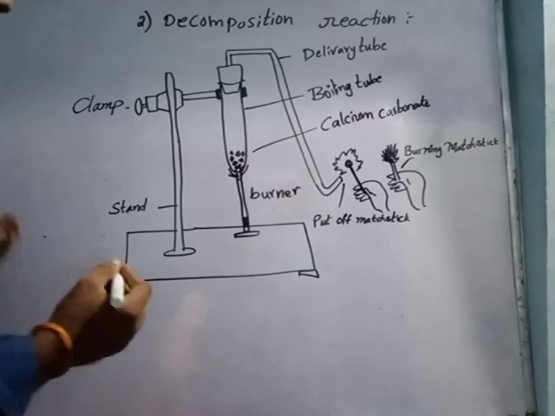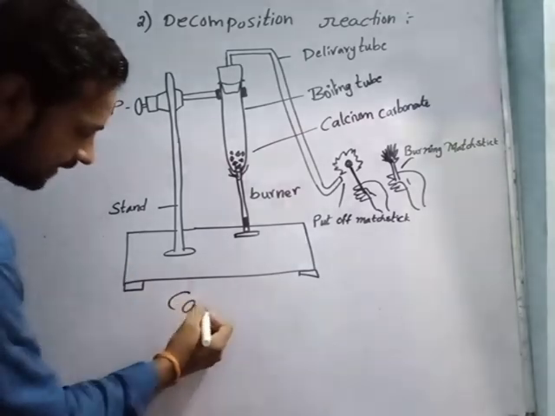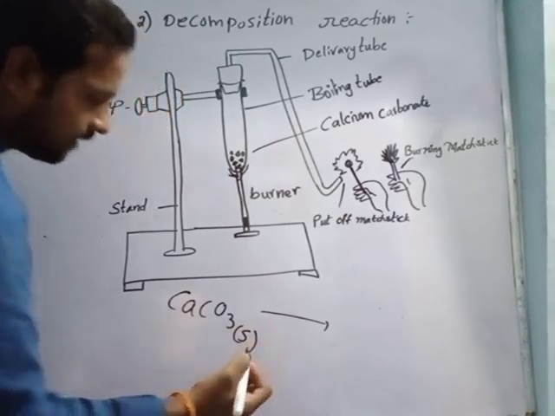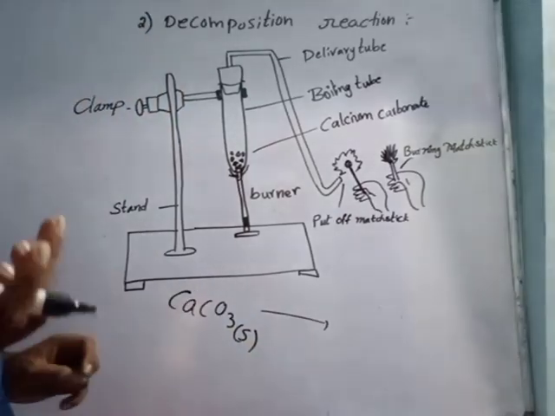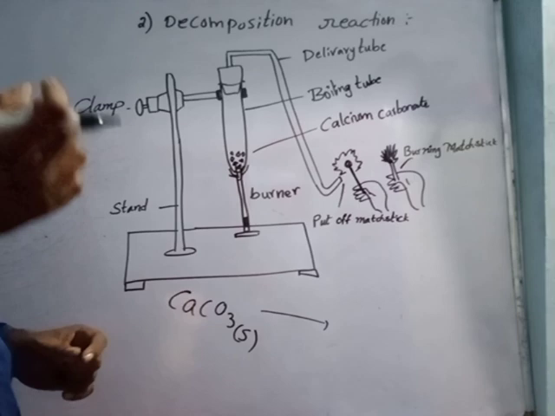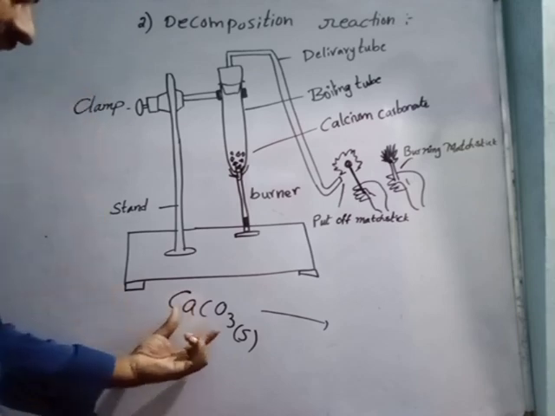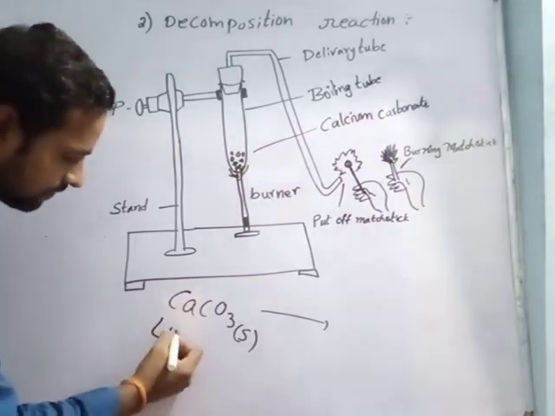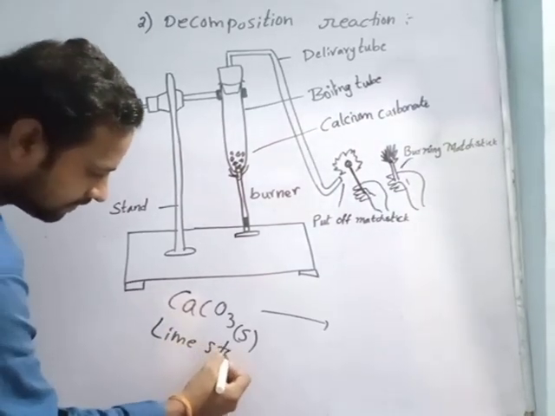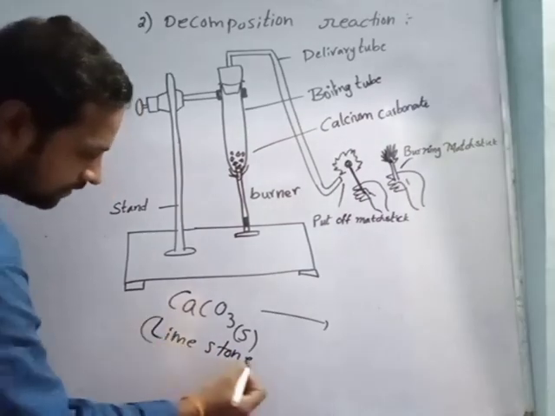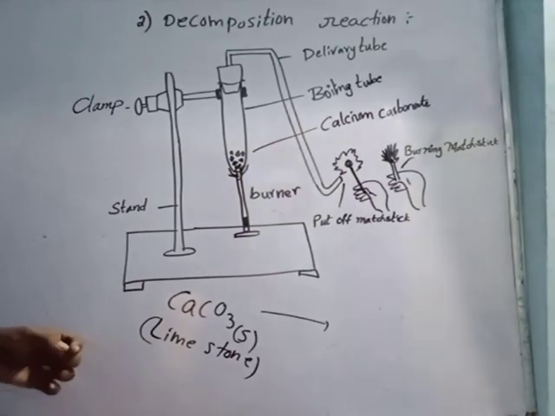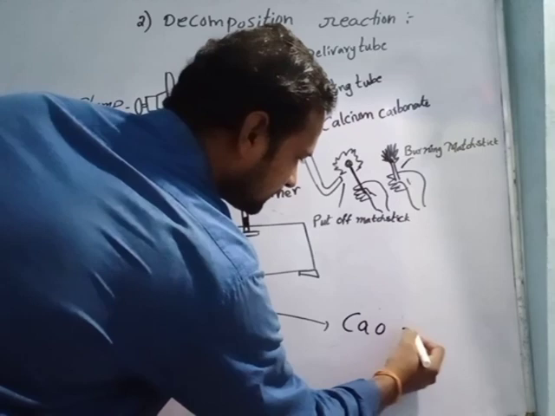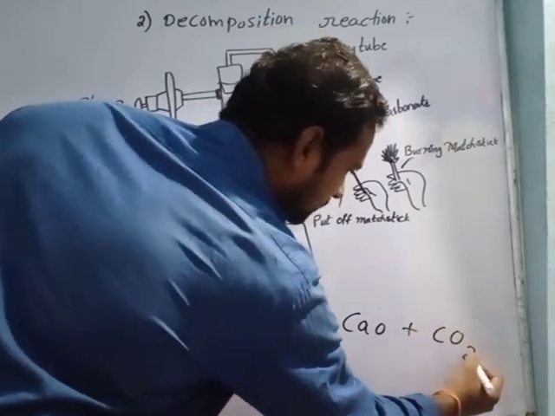For example, take calcium carbonate. It is solid. Calcium carbonate is limestone. So calcium carbonate decomposes into calcium oxide and carbon dioxide.